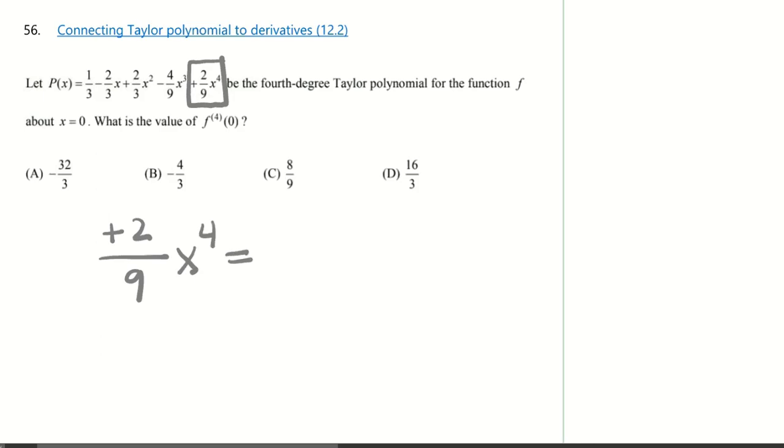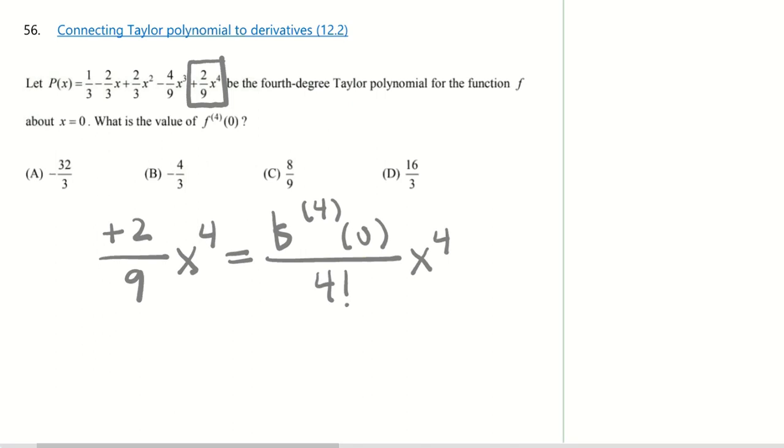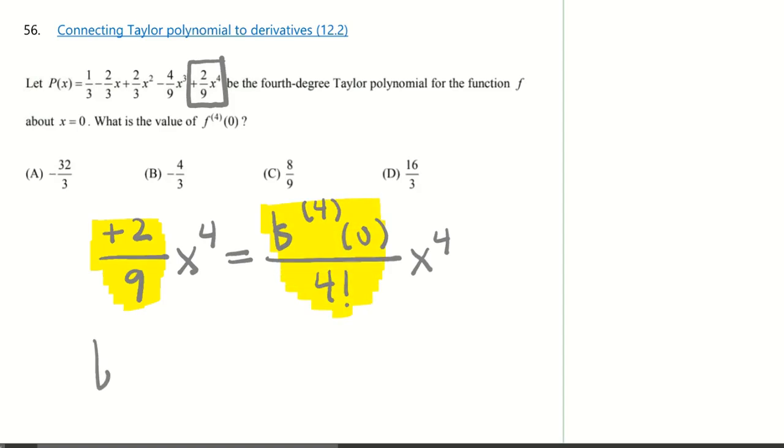Well, I know that the fourth power term in a Taylor series for f centered at x equals 0 is going to be f's fourth derivative at 0 divided by 4 factorial times x to the 4. So looking at the coefficients, this 2/9 is f's fourth derivative divided by 4 factorial, meaning that f's fourth derivative at 0 is going to be 2/9 times 4 factorial.